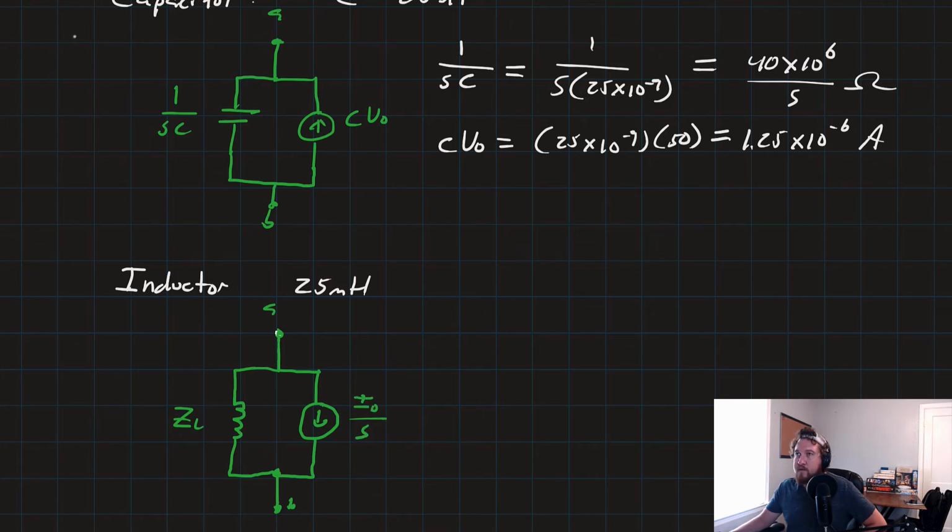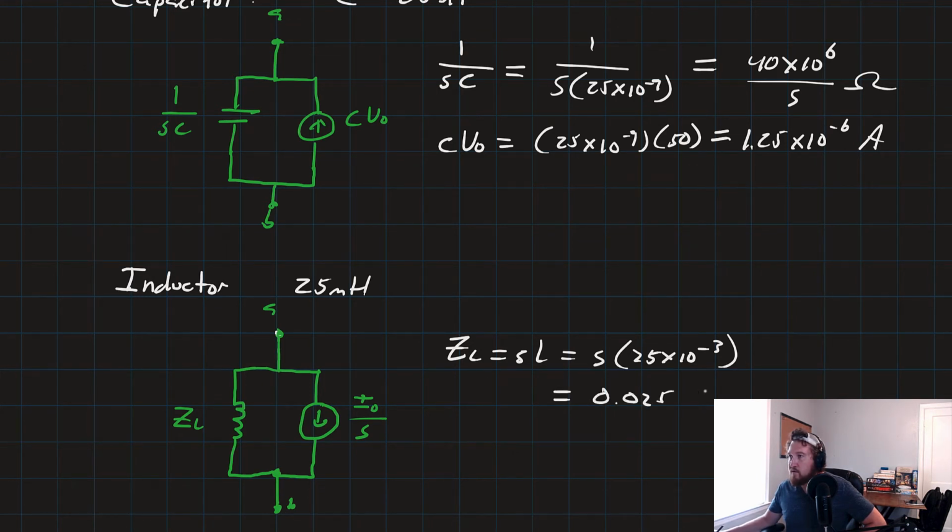All right, so let's go ahead and solve for those values. We'll get ZL is equal to S times L, which is equal to S times 25 times 10 to the negative 3. Oh, yeah, sorry. Kind of zoned out there for a second. That's equal to 0.025 times S, which we can simplify to be S over 40.